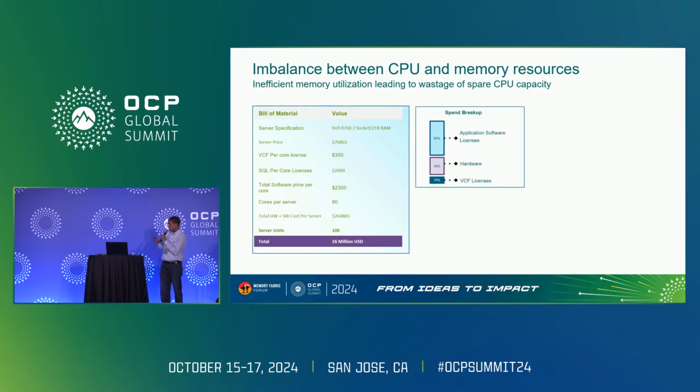So let me move ahead. There are other problems. Today, more and more software in the infrastructure is being deployed on a per core basis. Take any operating system, or any software license. They're all allocated on a per core basis. Microsoft SQL, for example, is $2,000 per core.